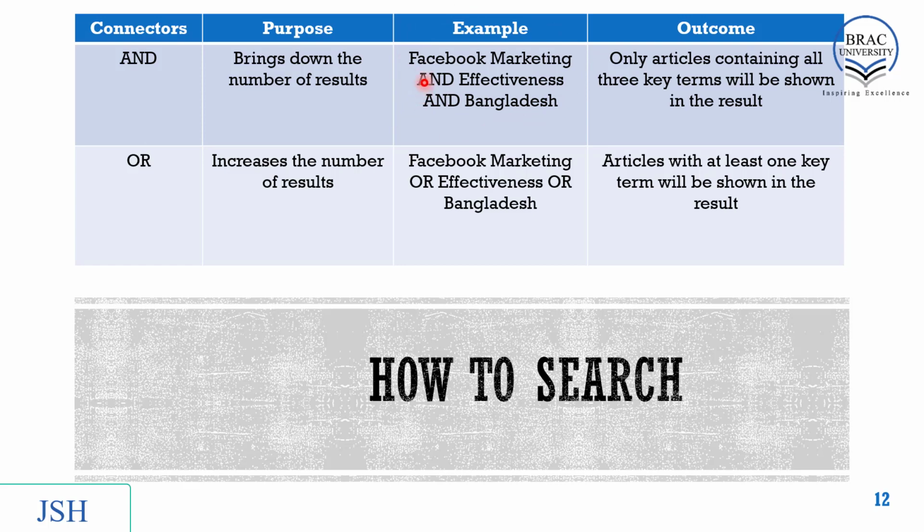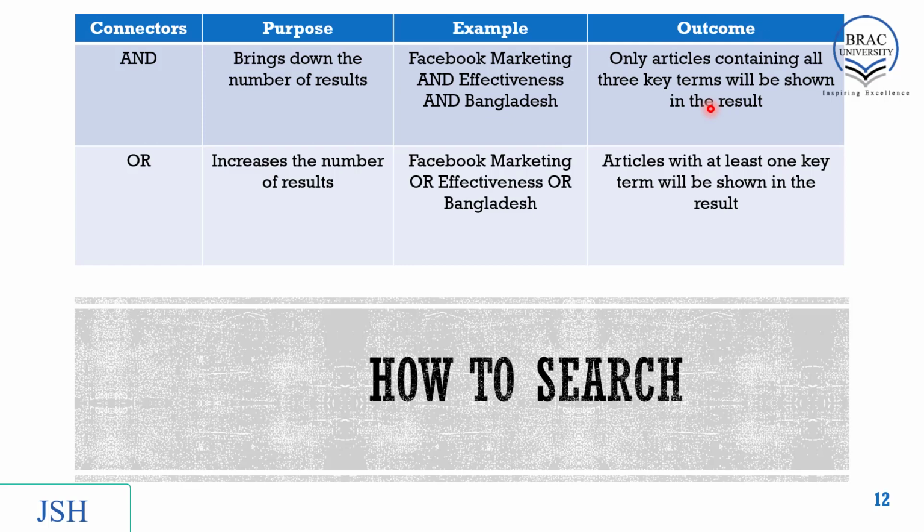Why? Because when we use and in between these words, as a result, only articles containing all the 3 key terms will be shown in the result. So do you get my point? When I write it like this in the Google Scholar search bar, only those articles will be shown where all of these 3 terms, Facebook marketing, effectiveness and Bangladesh, are present.